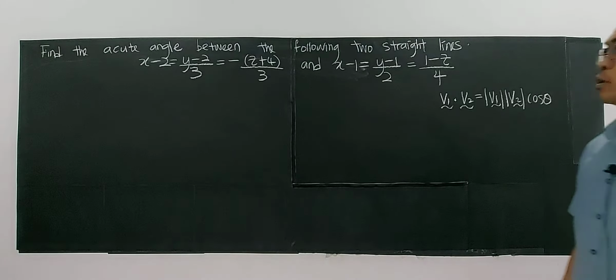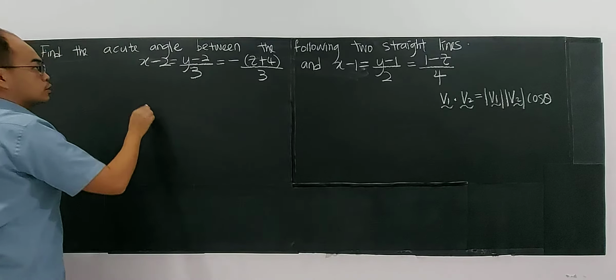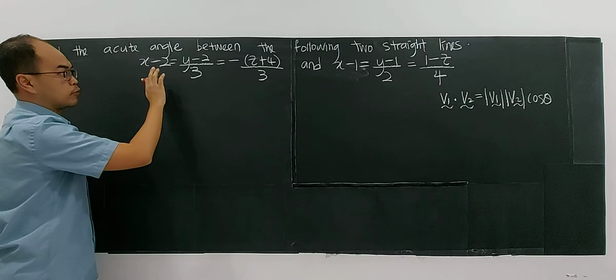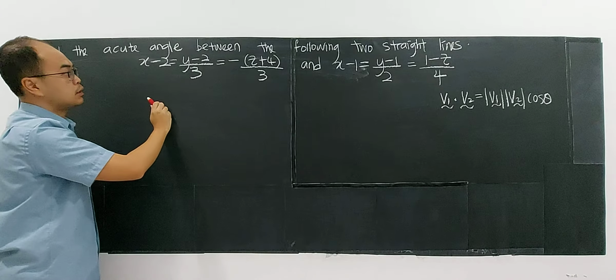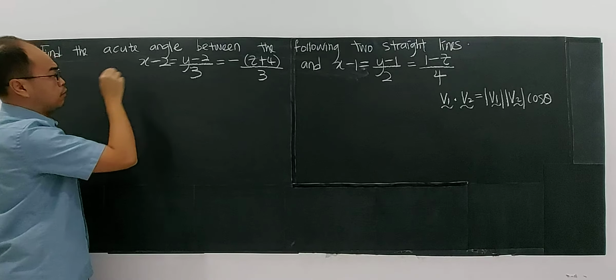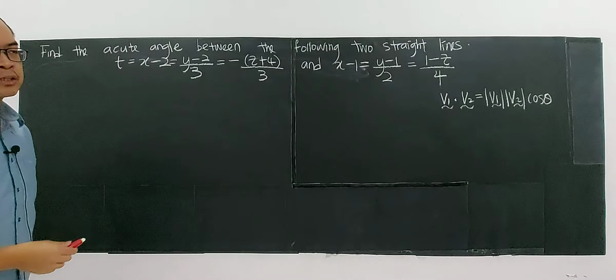Our target here is to find V1 from this equation. We just need to rearrange this into parametric form, which is enough for us to get the direction vector.